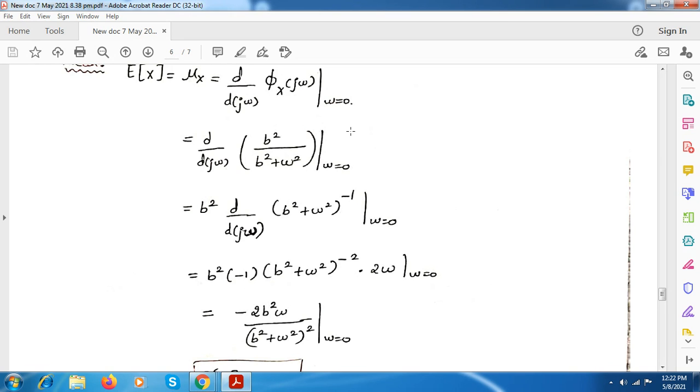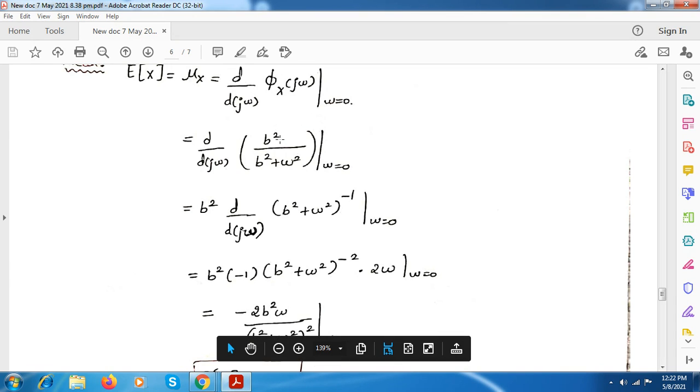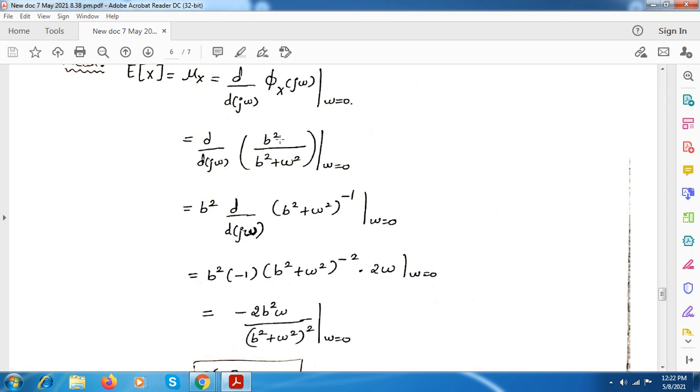And substitute it in variance, that is e of x square minus e of x the whole square. This mean value you already know it as 0. You have to put the e of x square value whatever you get after differentiating the characteristic equation twice, and then find the variance of Laplace distribution. You have to get it as 2 by b square. So just verify that. Take it as assignment and solve.